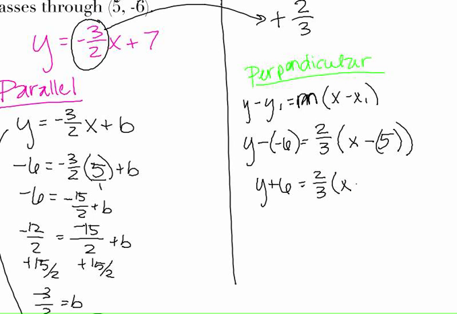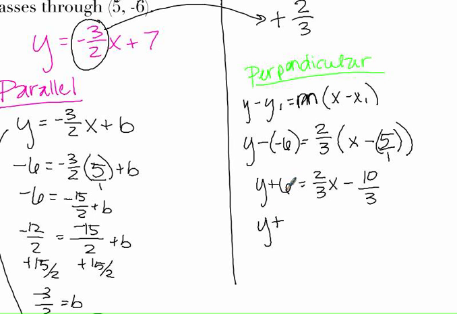Let me just distribute while I'm here. So 2/3 x minus, and again, if we put this over 1, we would have 10/3 here. And then I need to find a common denominator because this is not in terms of thirds. So I'm going to rewrite it here.